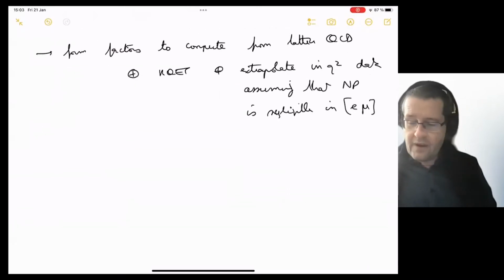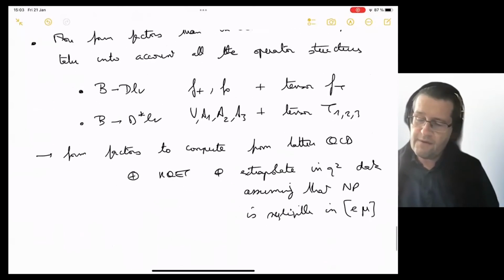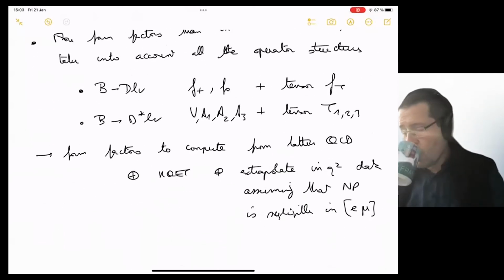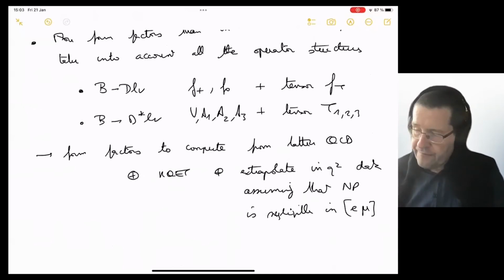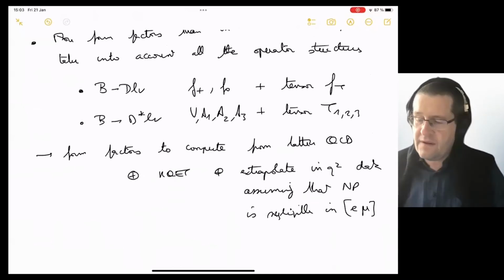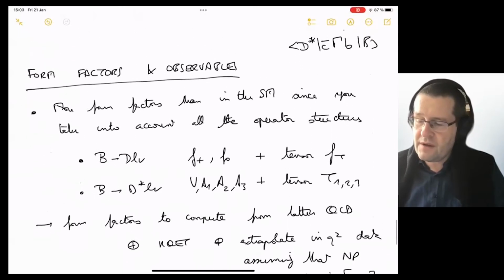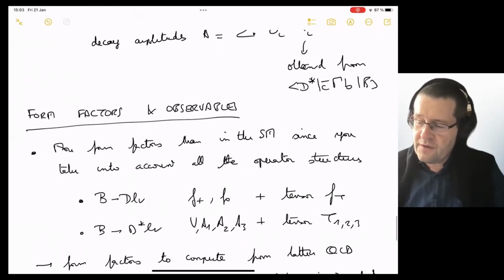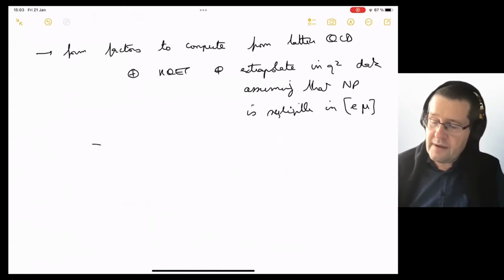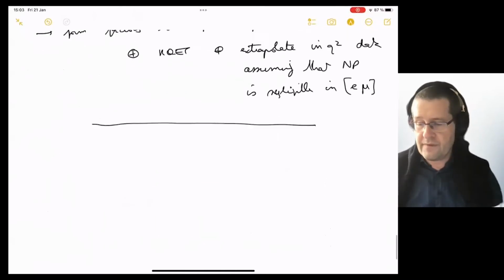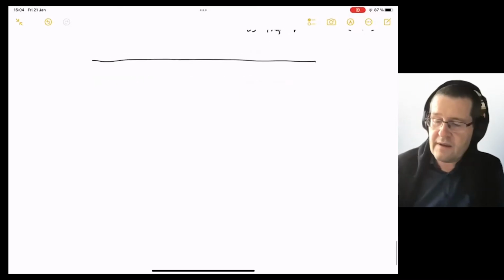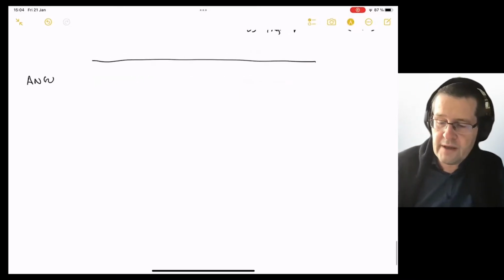Okay, so now I said that I could compute, for instance, the branching ratios using these operators. So you see that I get Wilson coefficients times the various form factors here. Actually, I wanted to highlight also another aspect that might be still useful to have in mind.